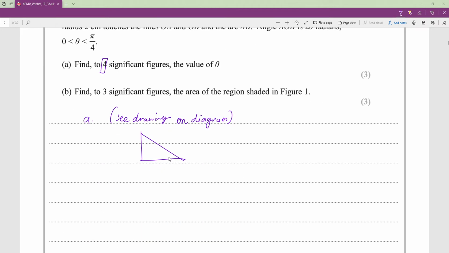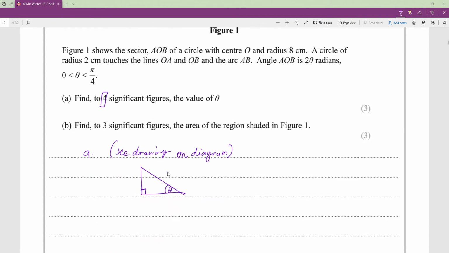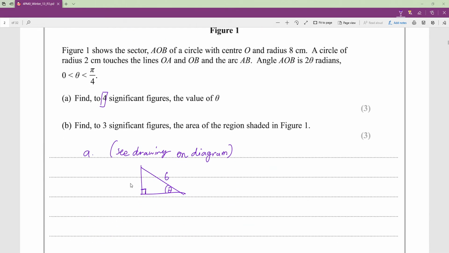So what do we do here? If we have this angle theta and a 90-degree angle here, where the hypotenuse is 6 and the opposite side is 2, we can find theta using inverse trig functions.